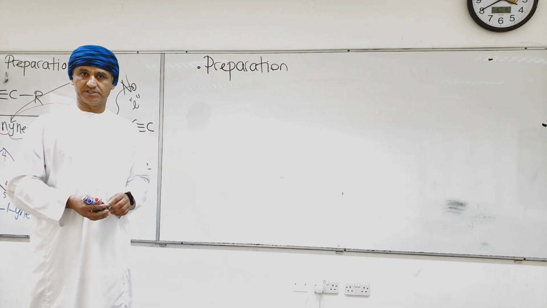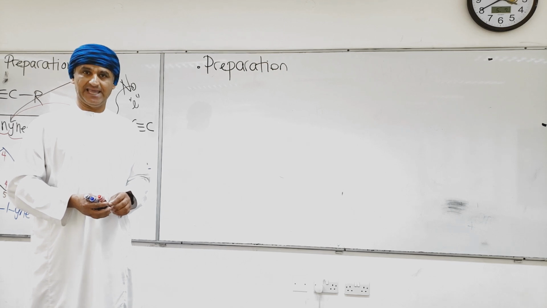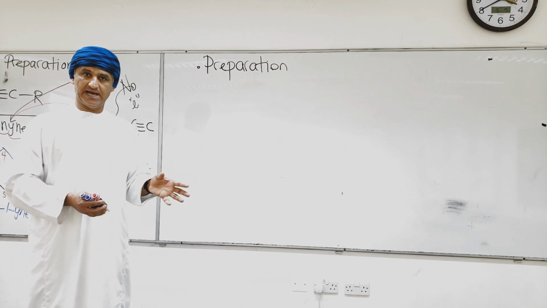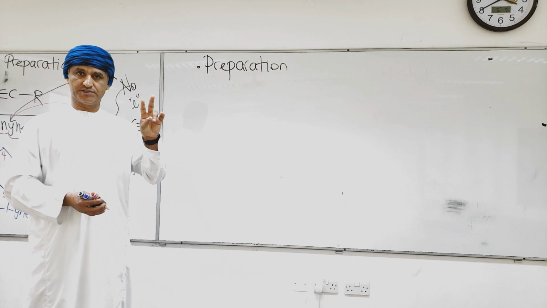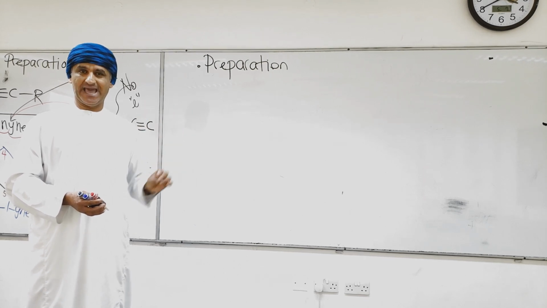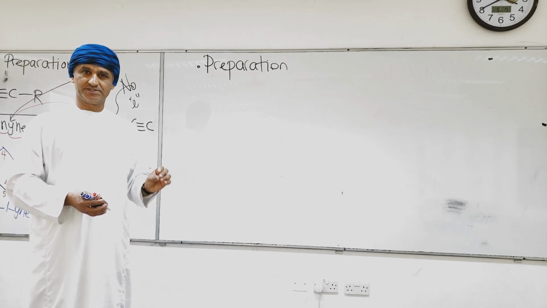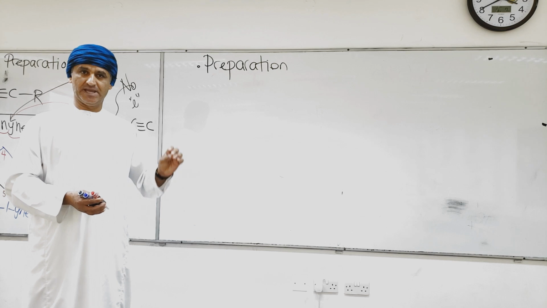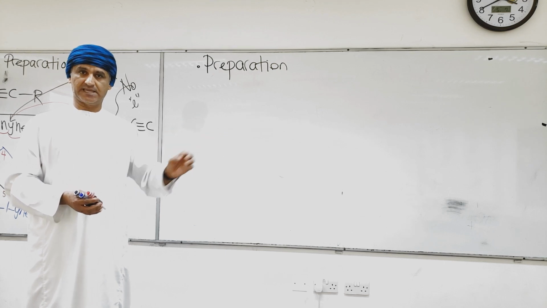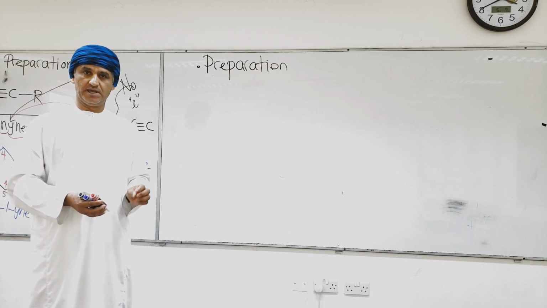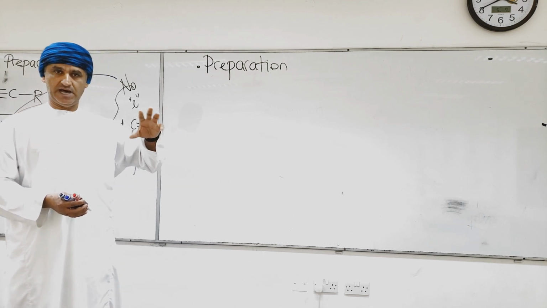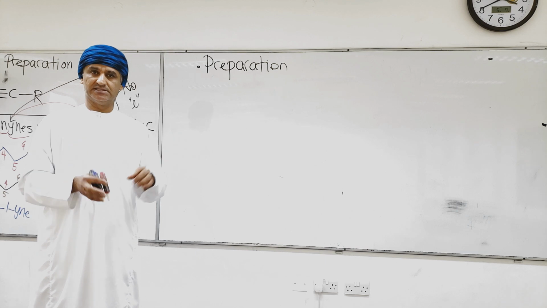Compounds with 2 halogens are described as dihalides. So dihalides can lose 2 moles of HX to make an alkyne, or to make a carbon-carbon triple bond. But a very important prerequisite is that the 2 halogens must be on adjacent carbons.